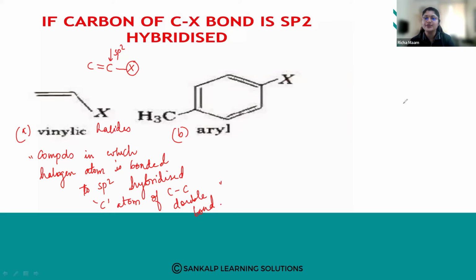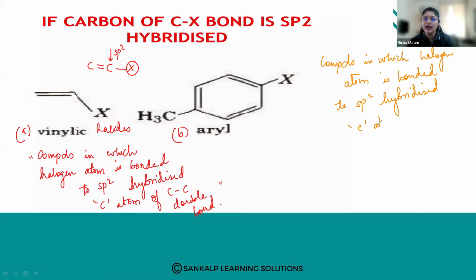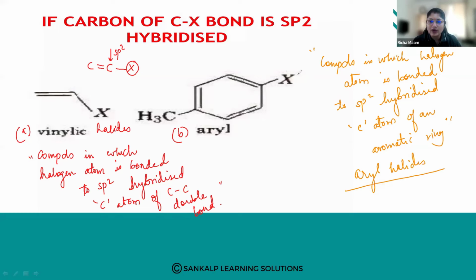Aryl halides are compounds in which the halogen atom is bonded to an sp2 hybridized carbon atom of an aromatic ring. This is called aryl halides. These are the definition of aryl halides. Okay, so we'll see the example.